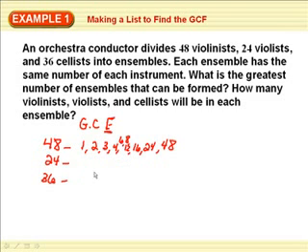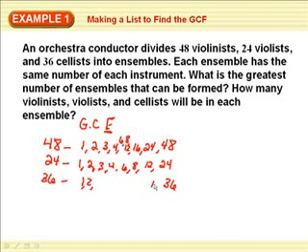Have to kind of squeeze those in there. Sorry about that. 24: 1 and 24, 2 and 12, 3 and 8, 4 and 6. 36: 1 and 36, 2 and 18, 3 and 12, 4 and 9, 6 and 6.